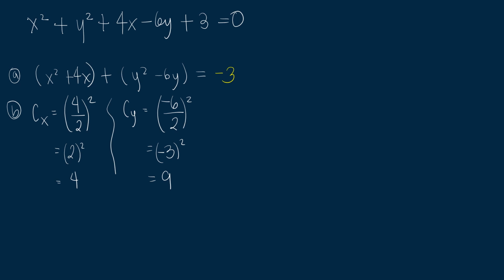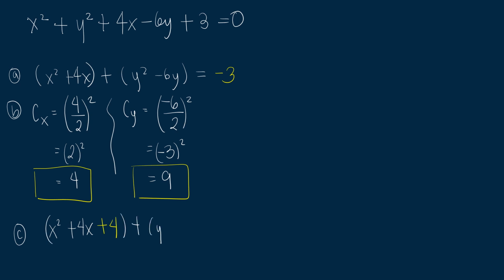So what happens to these two values? These two values, c sub x and c sub y, should be added to the respective variable. So your next step, letter C, is x squared plus 4x plus 4 plus y squared minus 6y plus 9 is equal to negative 3.